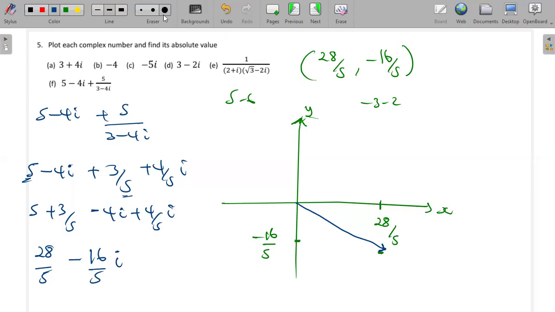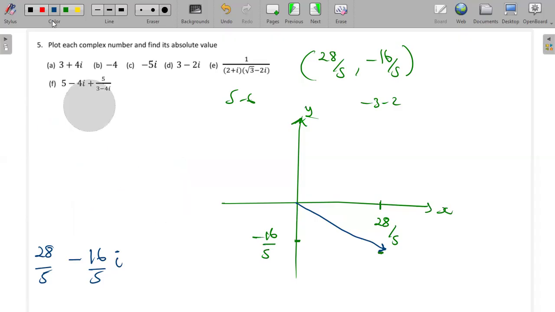Okay, then next we have to find the absolute value. So the absolute value is going to be, now I square, I have 28 over 5 squared plus negative 16 over 5 squared.